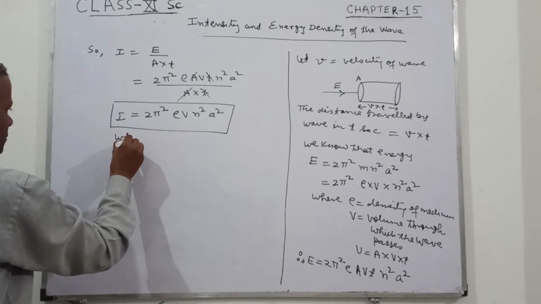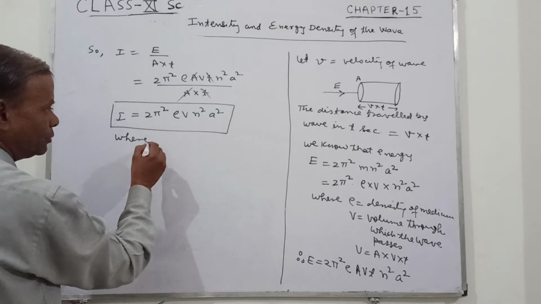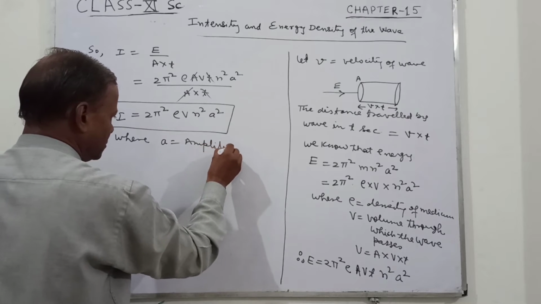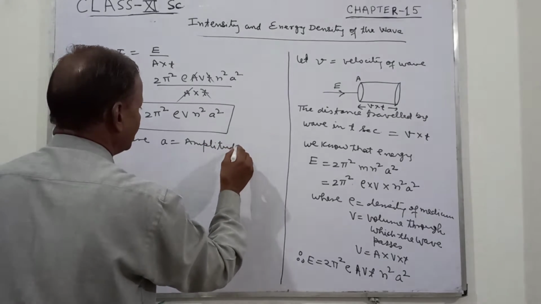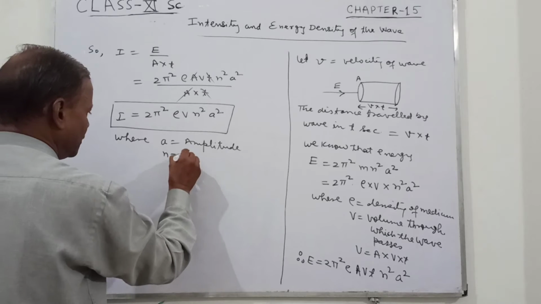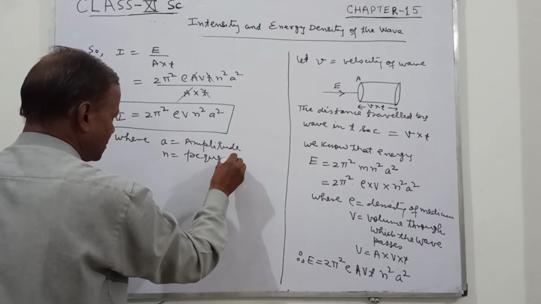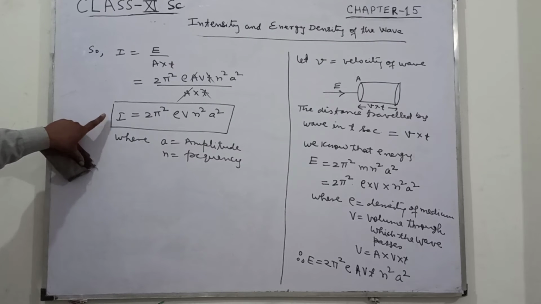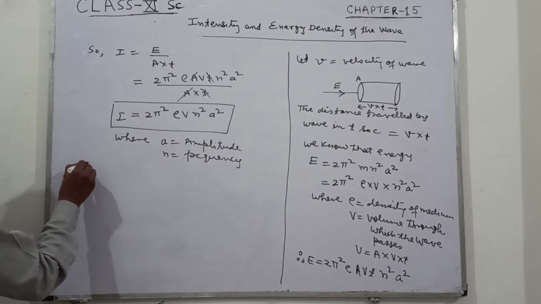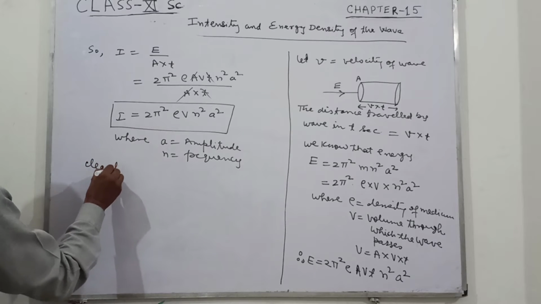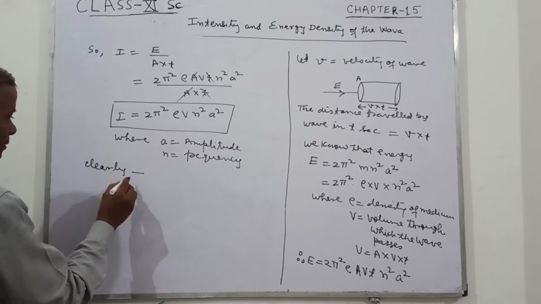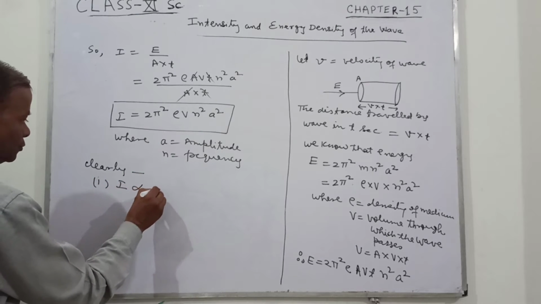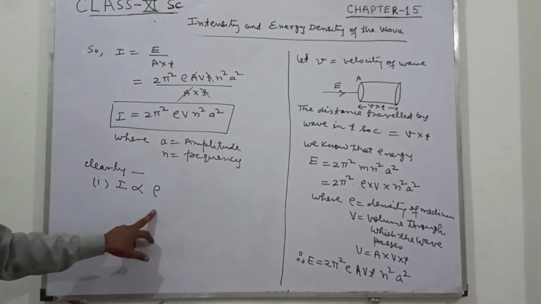Where A is the amplitude and n is the frequency. So you can see clearly from this formula: number 1, I is proportional to rho, the density of the medium.